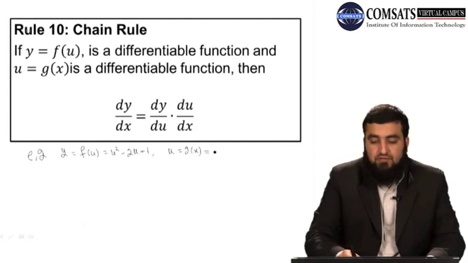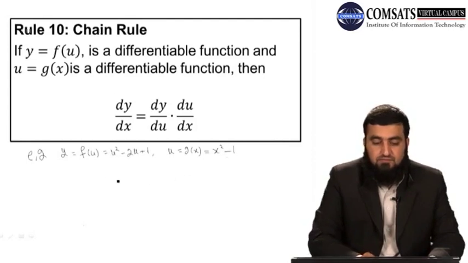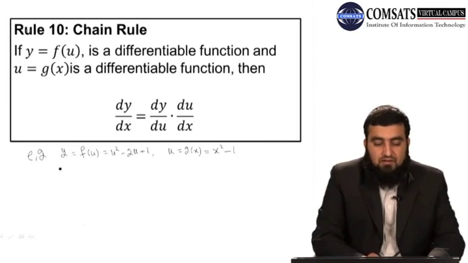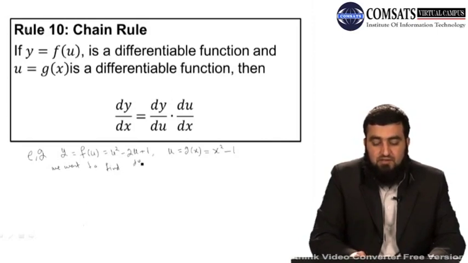So u is equal to g of x is equal to x square minus 1. So we want to find dy by dx.